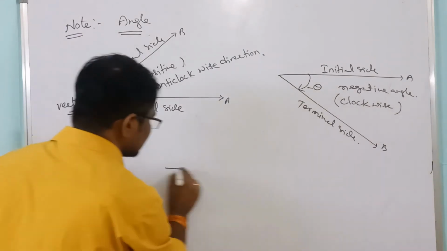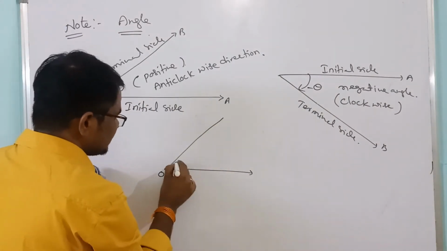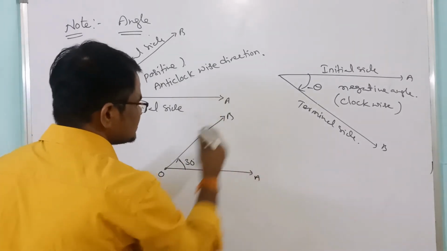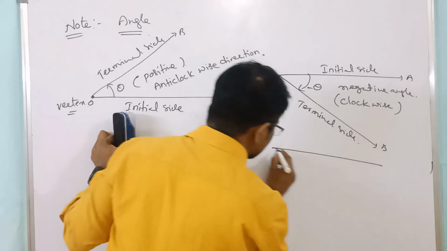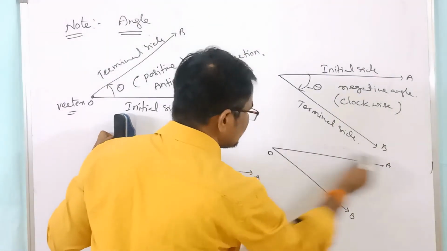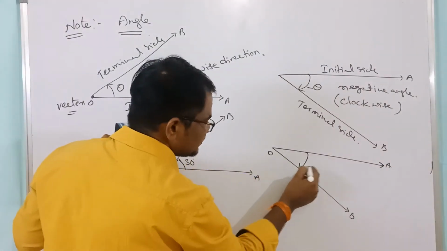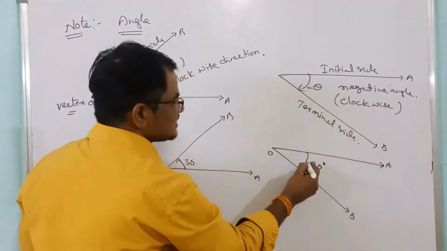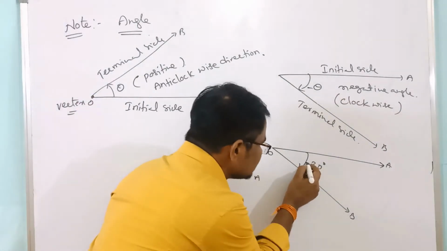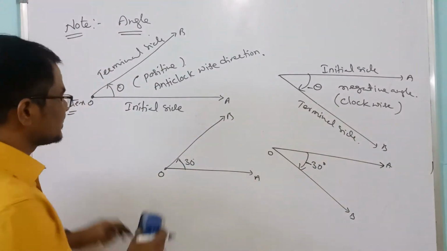Suppose you take some angle like this, here to here is 30 degrees. It is A and it is B, OA, OB. If you take it like this, this is minus 30 degrees. Like the previous problem you took, this is negative, meaning clockwise direction, a negative angle, right?